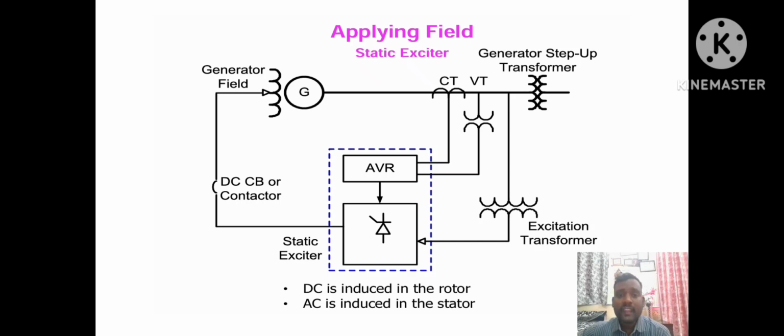Suppose the frequency drops in the system. At this time our voltage will get some disturbance, and the AVR system overcomes this disturbance. Through the AVR system we can increase our excitation voltage, so the flux will be more, the flux will create the voltage, and this voltage will directly match with our grid system.